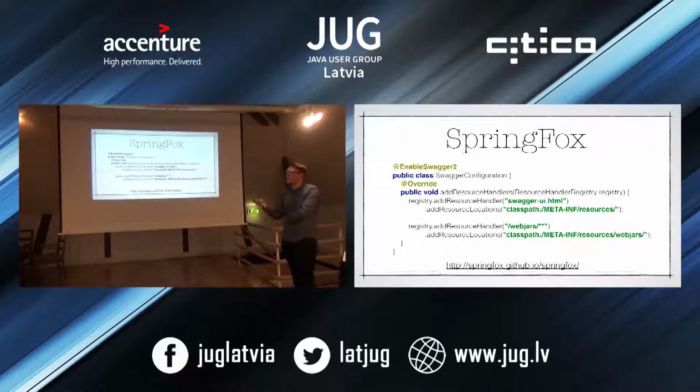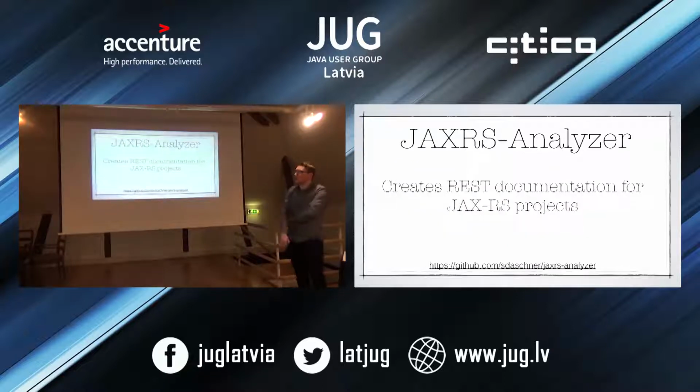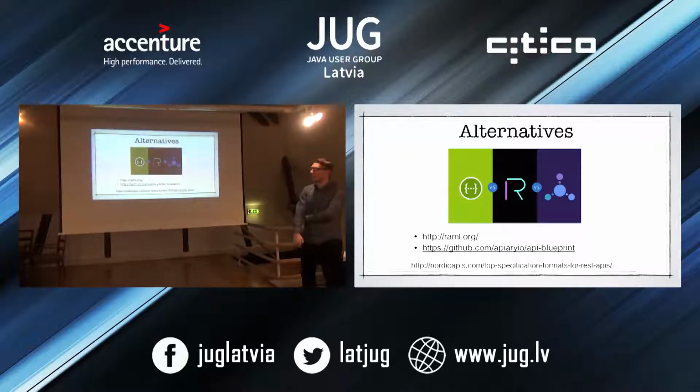So you only need to register it and you have a free Swagger description of your whole RESTful API. If you're using Java EE or Jackson, then there is Jackson REST Analyzer, which does the same stuff. It analyzes Jersey annotations, Jackson REST annotations, and then constructs the Swagger JSON, which you can use.